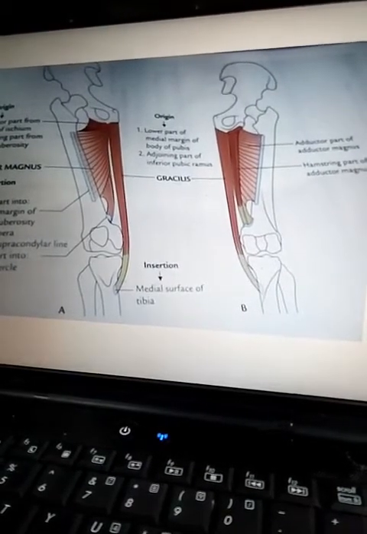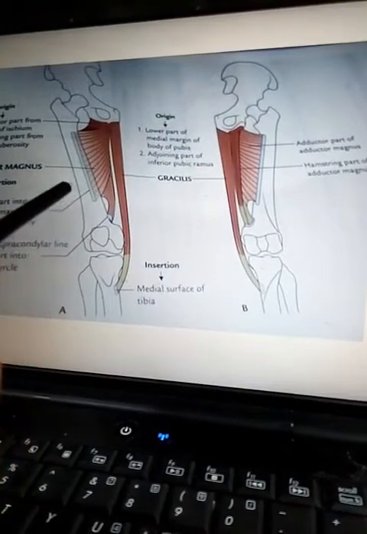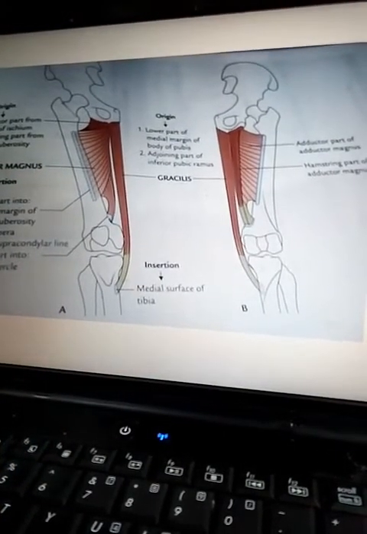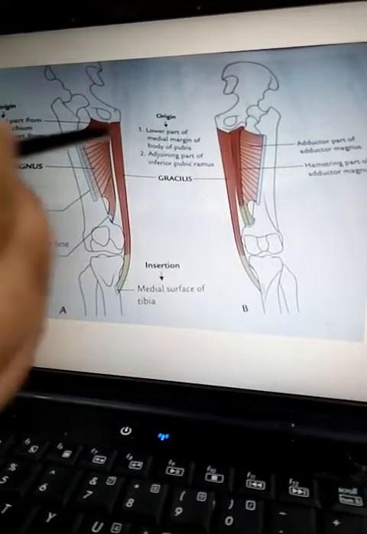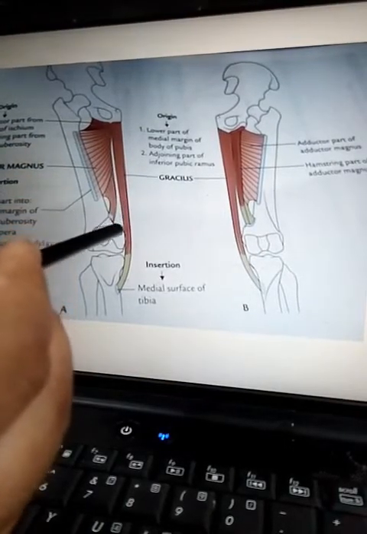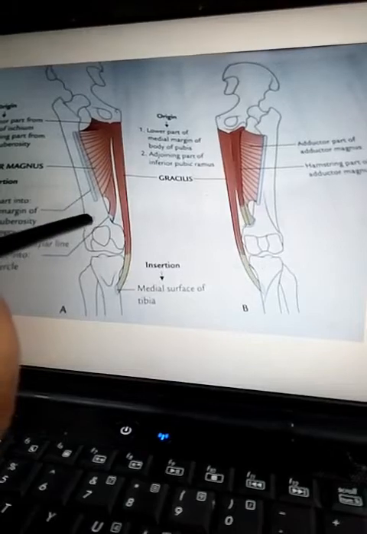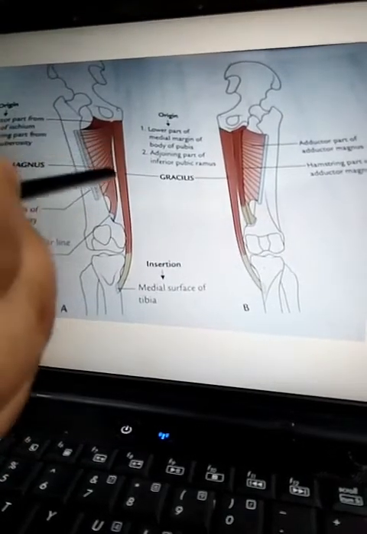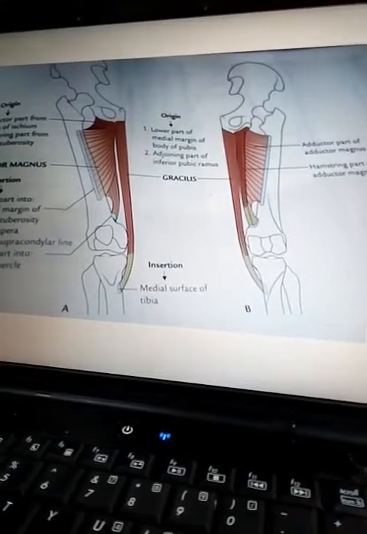After this we have the gracilis muscle. Gracilis means slender. It is a slender muscle which lies on the medial side of the other muscles of the adductor compartment. It is the only muscle of the adductor compartment which is not attached to the femur.